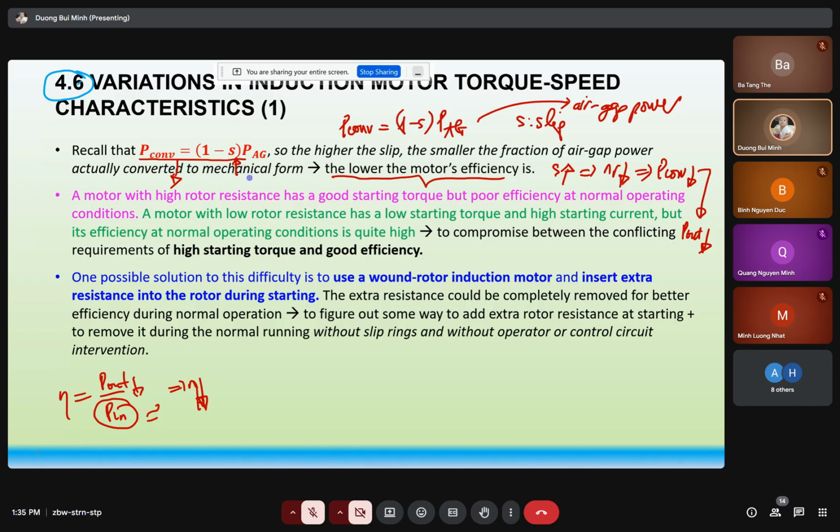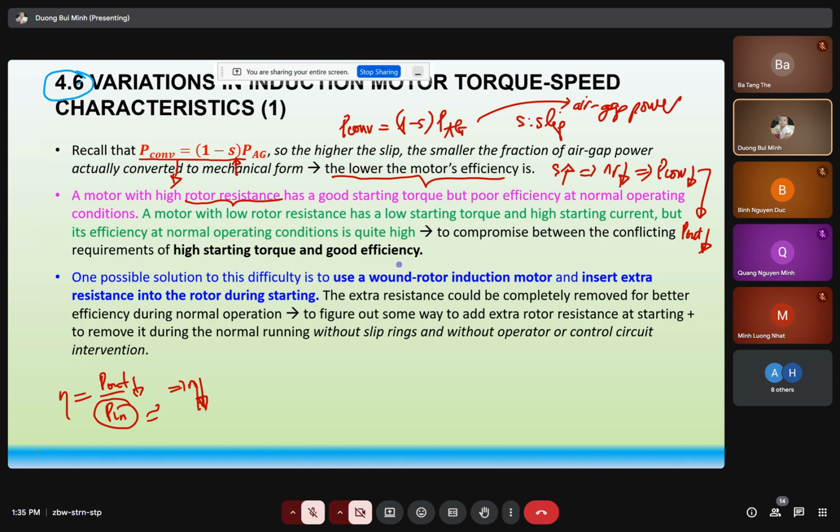To do that, we think about rotor resistance. If we have lower rotor resistance, we can increase the efficiency, because lower resistance means lower rotor copper losses.